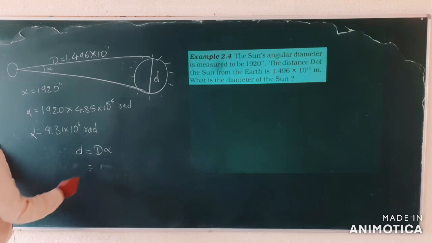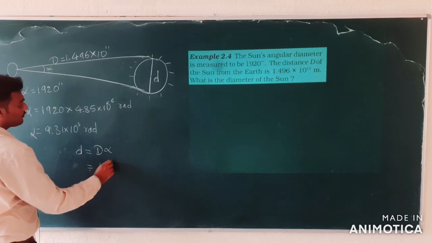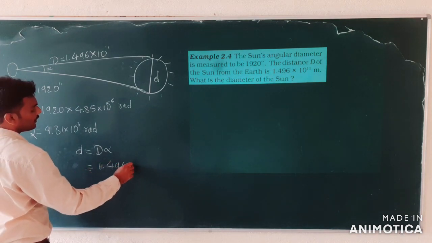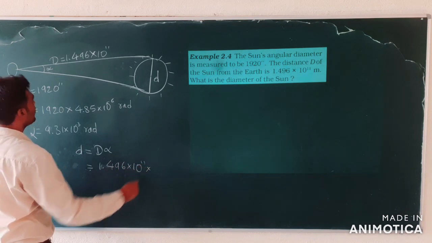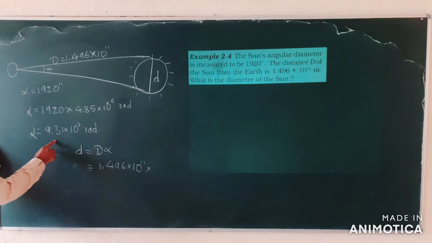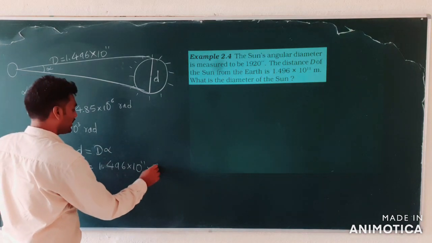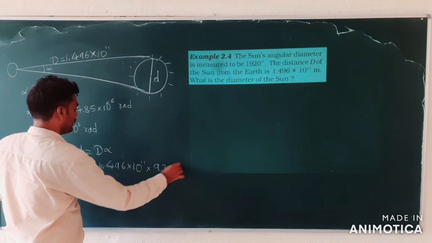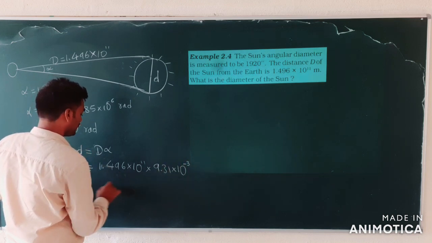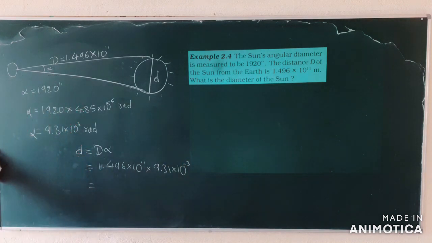So small d is equal to capital D, which is 1.496 into 10 to the power of 11, into what is alpha? Alpha here is in terms of radians, which is 9.31 into 10 to the power of minus 3. Again, make use of a calculator and multiply.